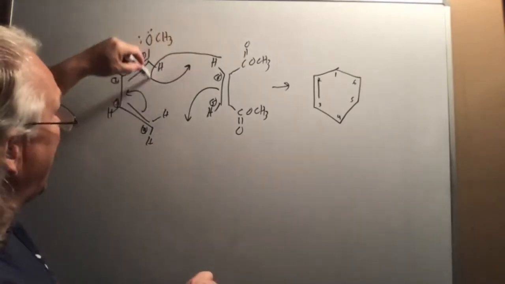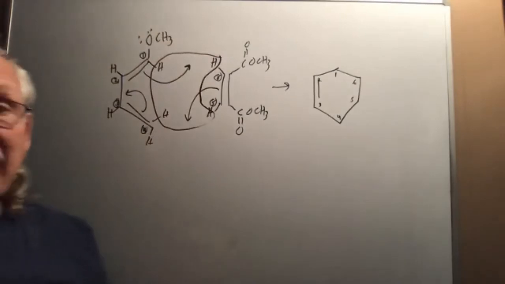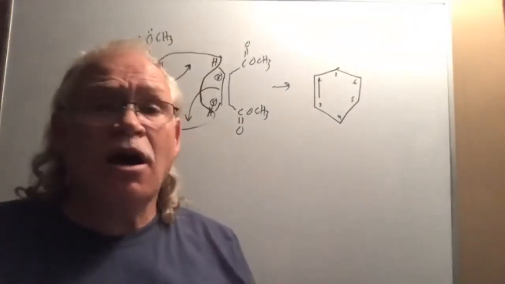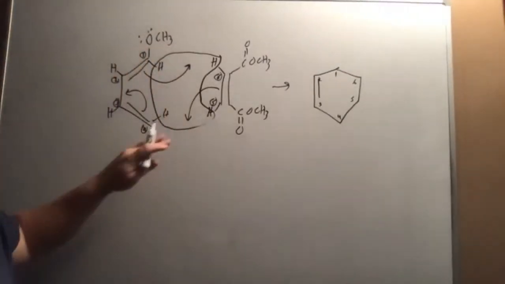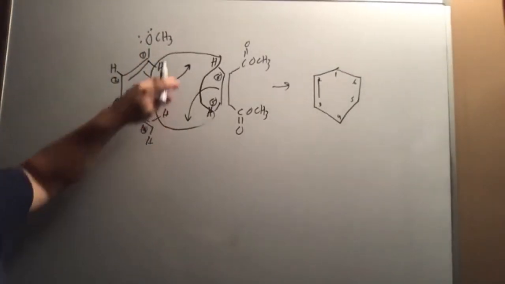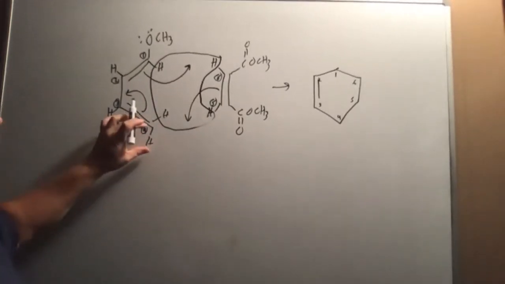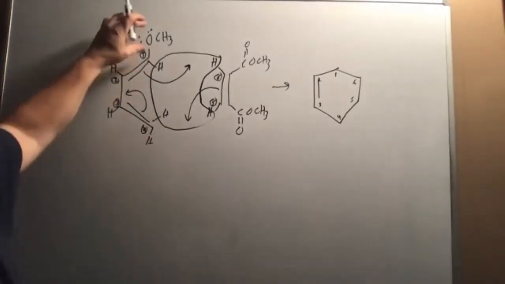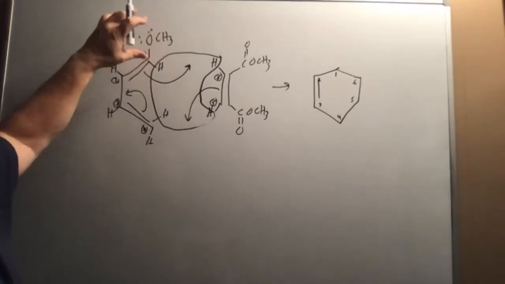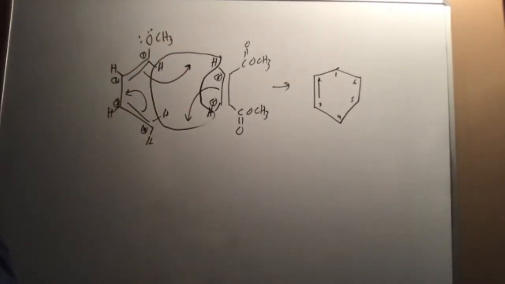These four atoms or four groups, whatever they happen to be, are always on the same side of the ring. So notice on carbons 1 and 4, the hydrogens will be on the same side of the ring. So the ones that I do not have circled are going to be the ones going back, and the ones that are circled are coming out.